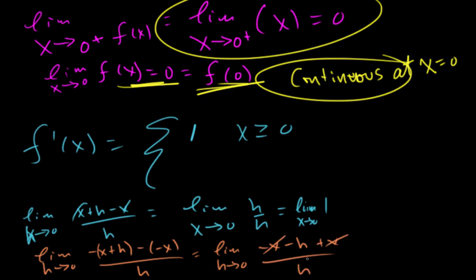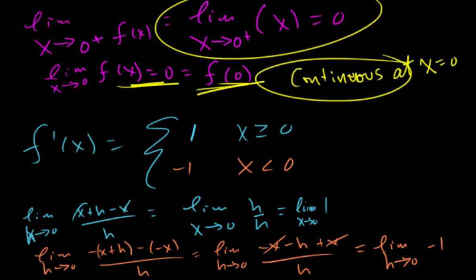These cancel each other. Negative h over h is going to give us negative 1. The limit as h approaches 0 of negative 1 is negative 1. Okay, so that's what our derivative function looks like.